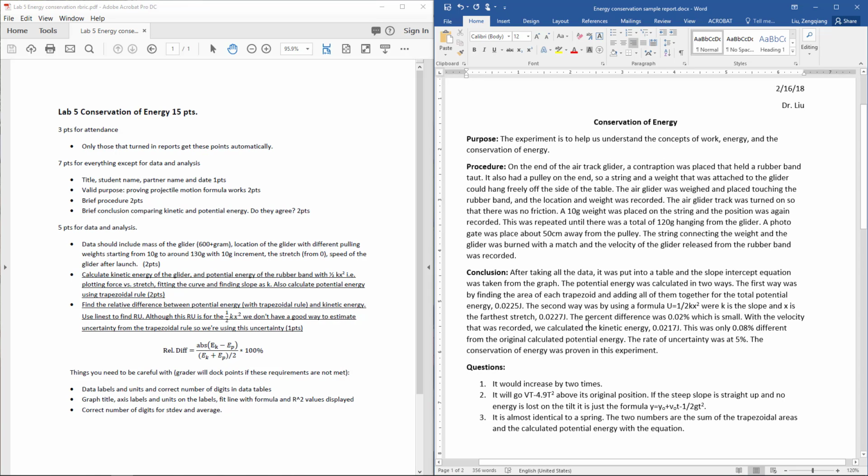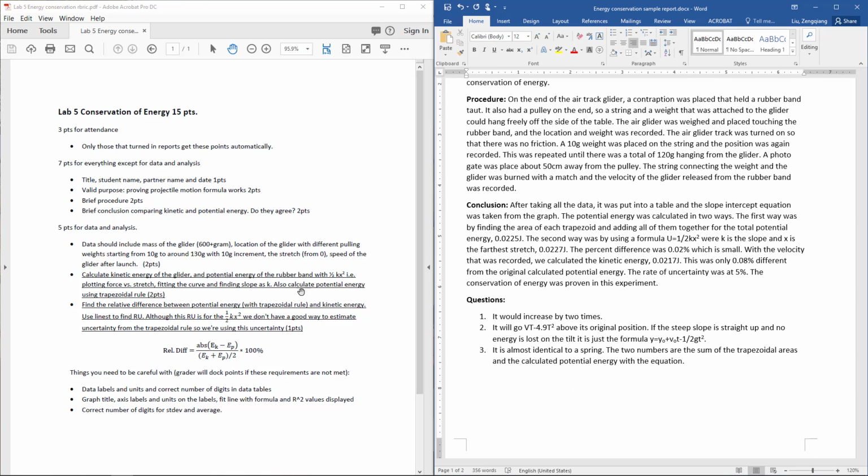So let's check against the rubric. Kinetic energy, they did that. They did potential energy, they did those, right? So let's check: relative difference between potential energy with trapezoidal rule and the kinetic energy. They did not do that right. And relative uncertainty, such a small value, I do not believe that. So this was done incorrectly.